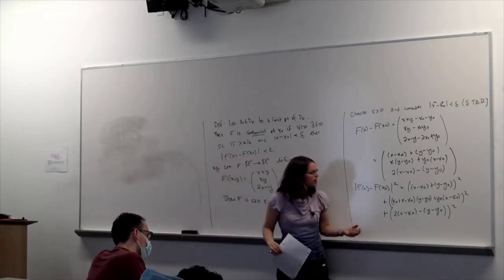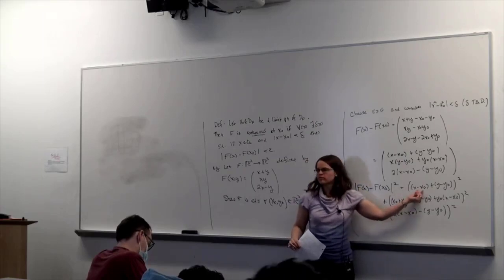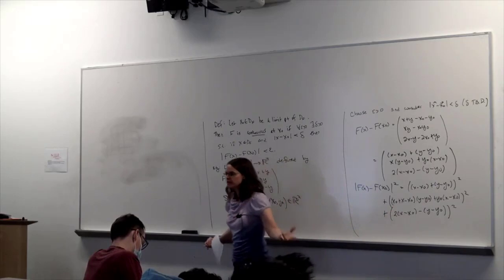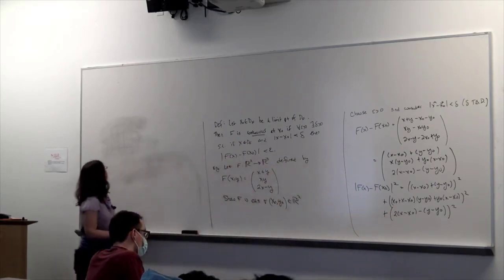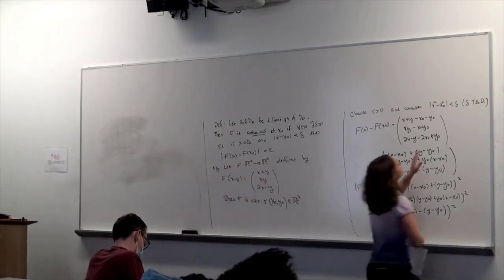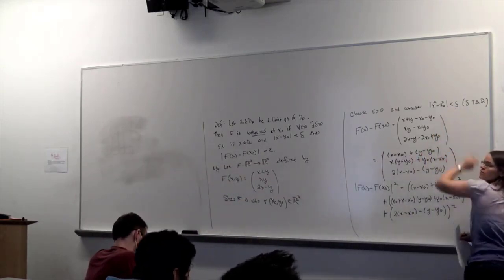And then we know that everywhere we see an x minus x naught or a y minus y naught, that's bounded by the length of the vector x minus x naught, which in turn is bounded by delta, whatever delta is.